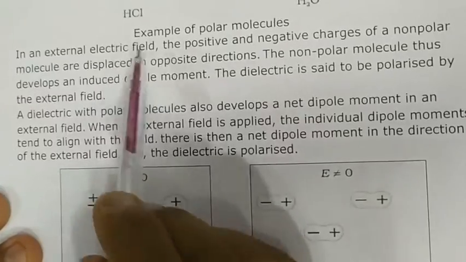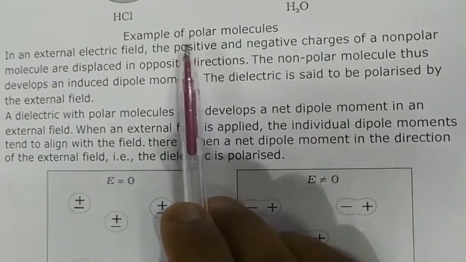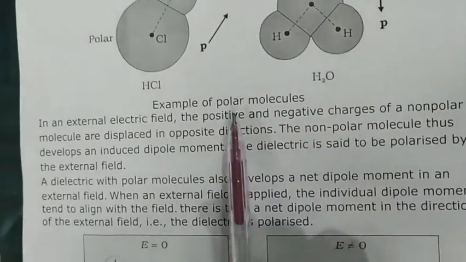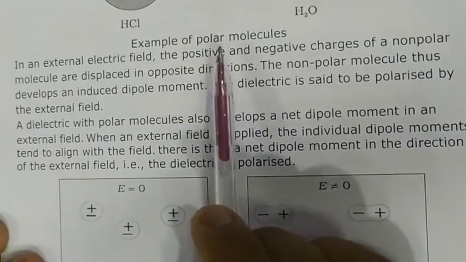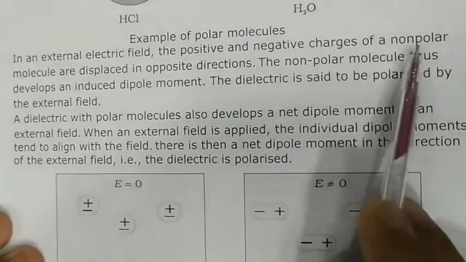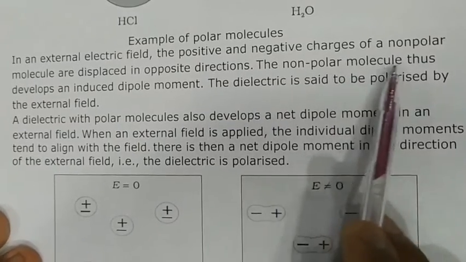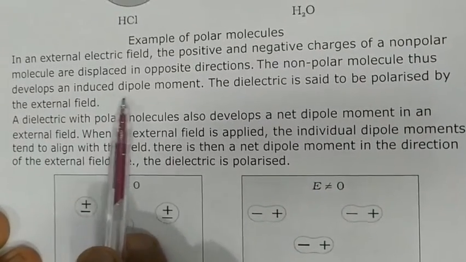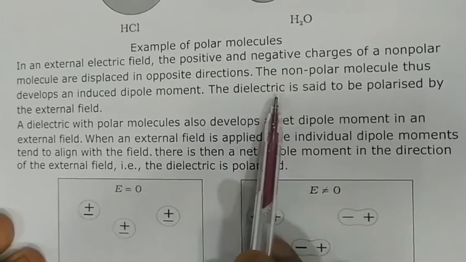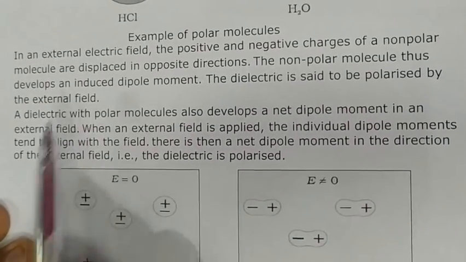What happens now when we keep polar or non-polar molecules in an external electric field? We just see the behavior. In an external electric field, the positive and negative charges of a non-polar molecule are displaced in opposite directions. The non-polar molecule thus develops an induced dipole moment, and the dielectric is said to be polarized by the external field.